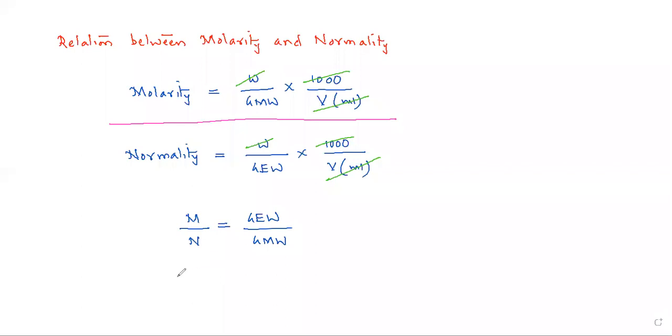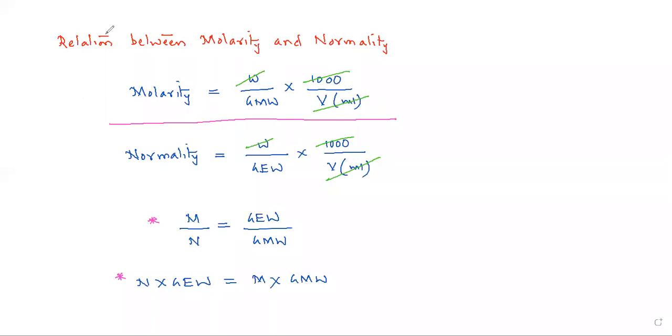Or it can be given as normality into gram equivalent weight is equal to molarity multiplied by gram molecular weight. Okay, very important.